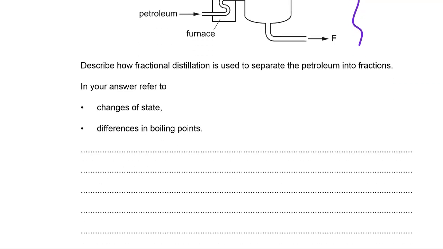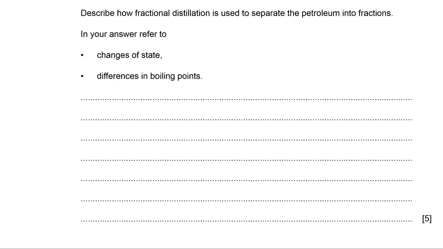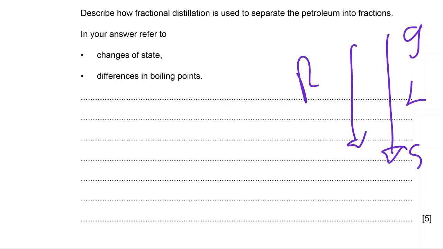So in the fractionating column, as you go down, the state of matter changes gradually from gas, then liquid, and at the bottom of the fractionating column, it will be solid. And in the same way, the boiling point will increase.